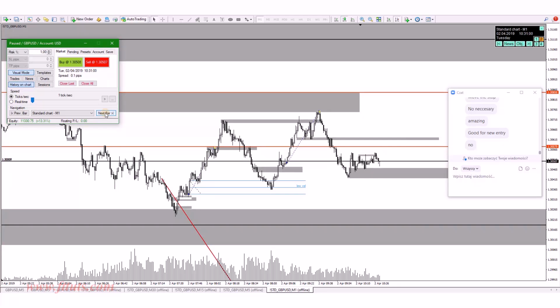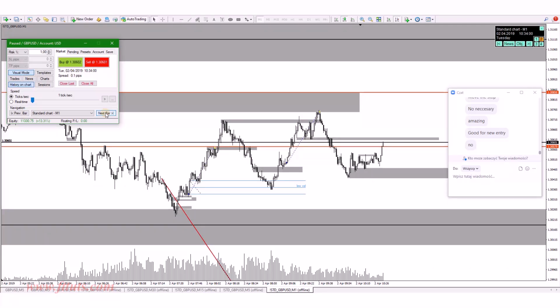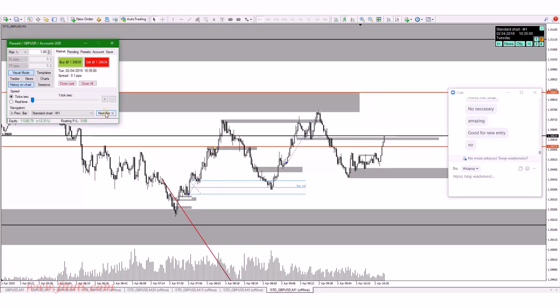What are you doing, Gio? The chart from this day is really very messy for me. Something is happening. Now, yes.